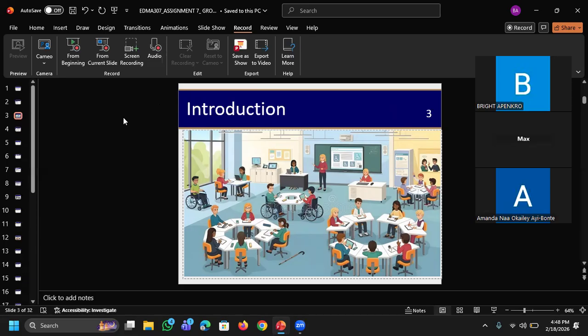We bring people together regardless of their background, their affiliation to family, or even their physical ability. You can see clearly from the picture there are students in wheelchairs that we cannot characterize as quote unquote normal, but they are being added to a normal classroom. Next slide.